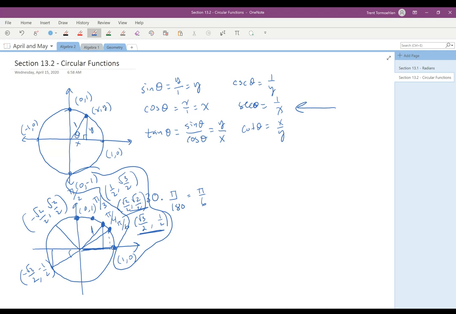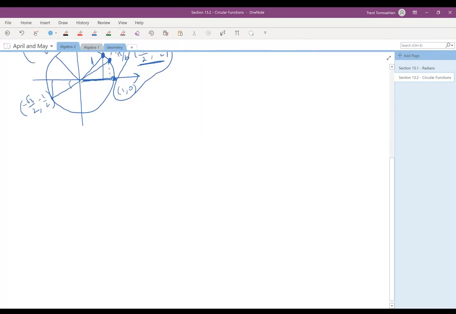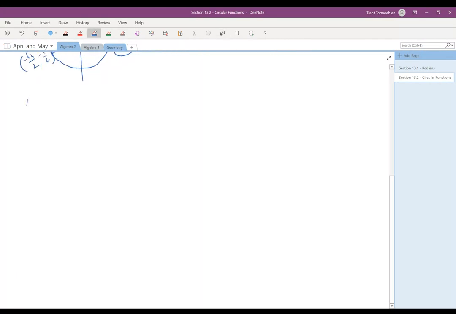Okay, and then you just have to go through and convert all that to radians like we did in the last section. So just as a couple examples, if I have a problem where I want to find all the trig functions for something like, let's say, 11 pi over 6, the first thing I have to do is recognize where 11 pi over 6 is.